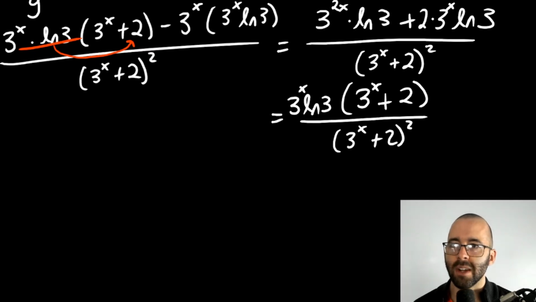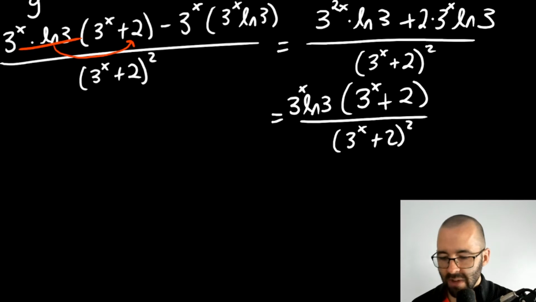Wait, why am I losing my mind? If we factored out a 3 to the x ln 3 at the start, we'd be left with this minus that. How is that different than what we have now?